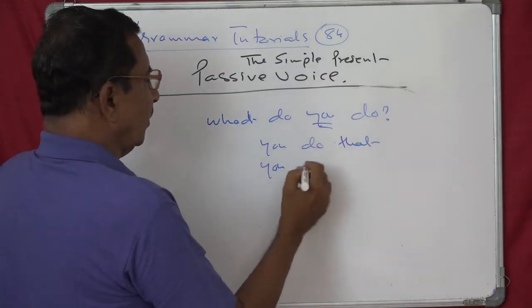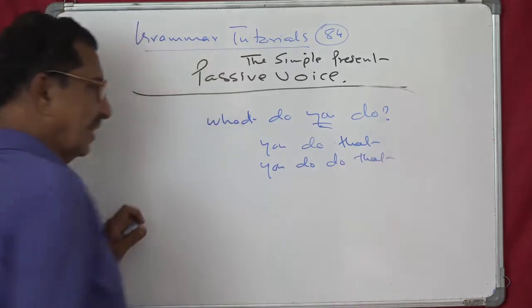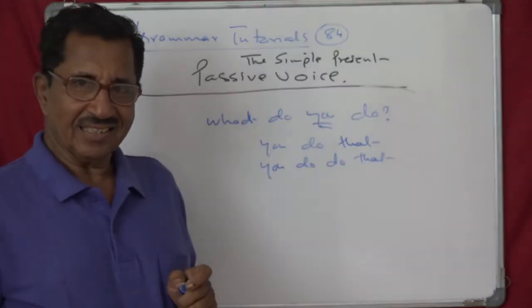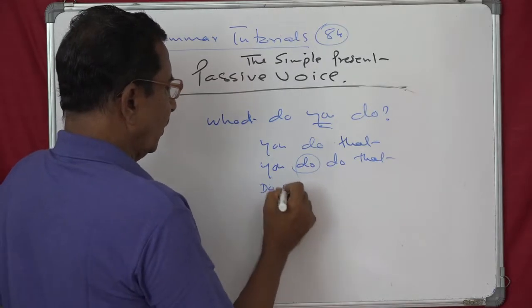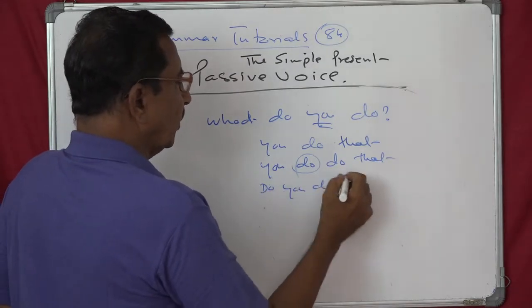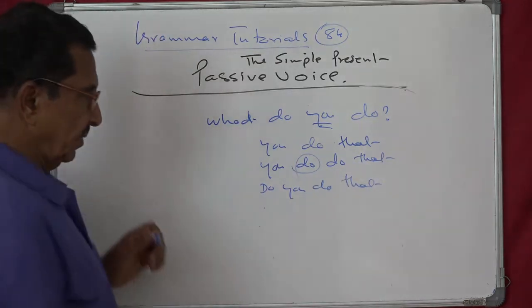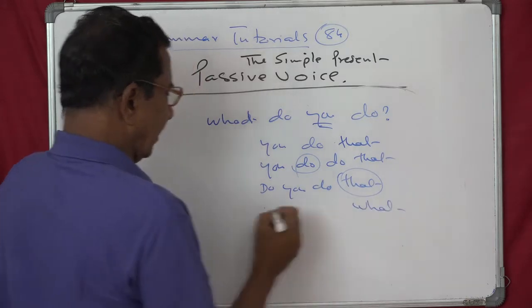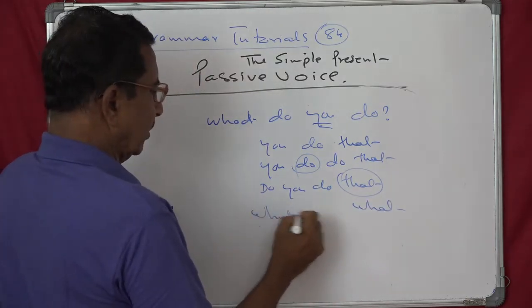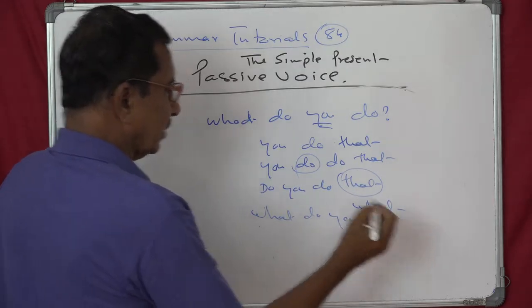Then you will get you do that. Understand? What is the yes or no question? Do you do that? W is question. Instead of this, what? Bring what at the beginning? What do you do? Question.